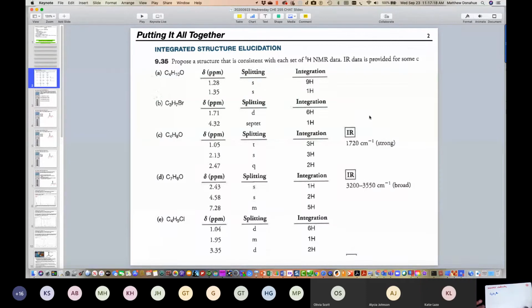So you're given C3H7Br. How many degrees of unsaturation are present in that molecule? So there's no degrees of unsaturation.